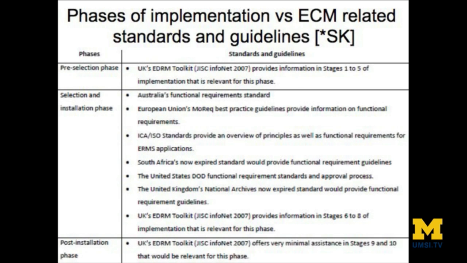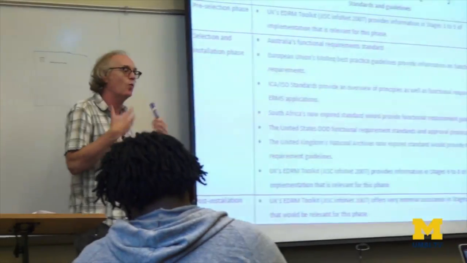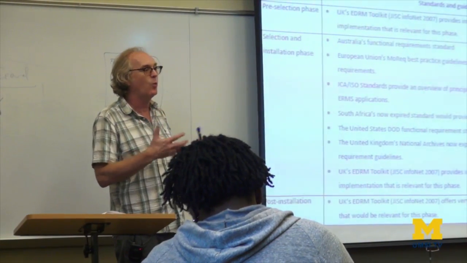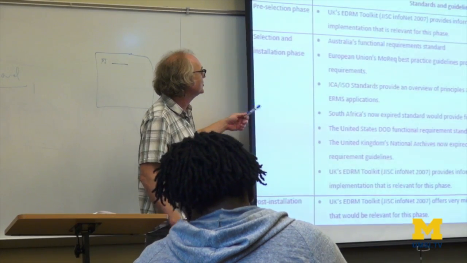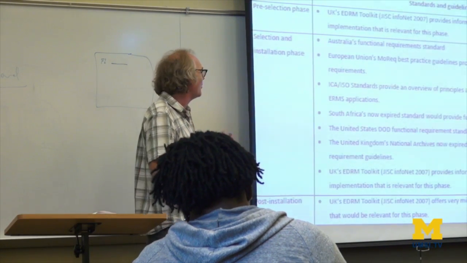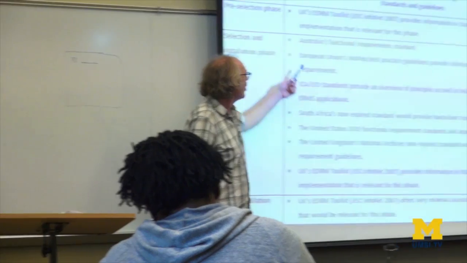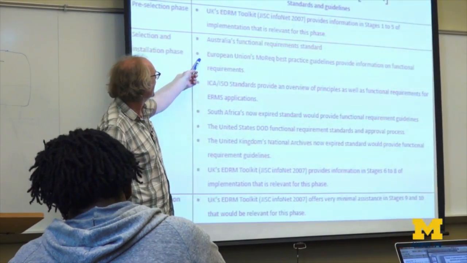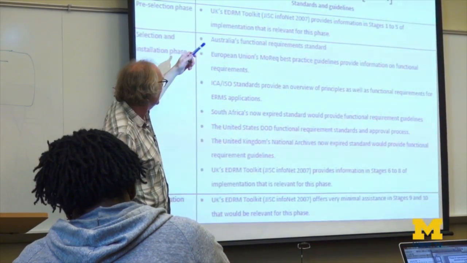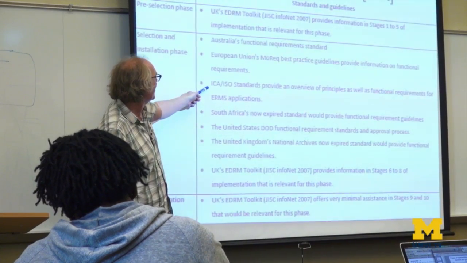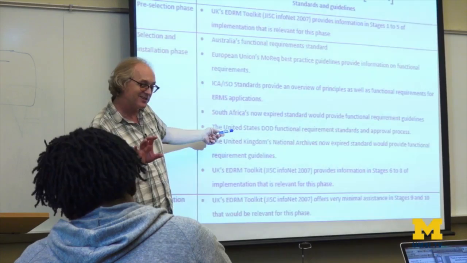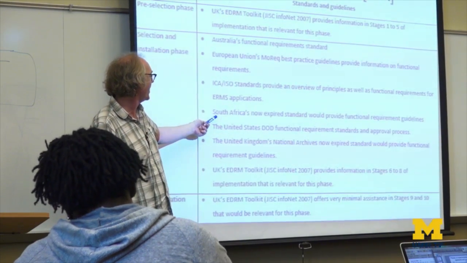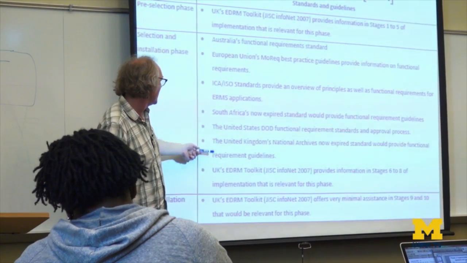If you look at the stages 1 through 5 of that document, it helps you think through some of the things you need to attend to while you're in the process of determining what is the best kind of system. And then selection installation is sort of what are some of the functional requirements that we want for this system. And so the MOREC model helps with some of that. The ICA standard we read earlier on in the term helps with that. The DoD one, which you got a little hint at from Frank's, is part of that.